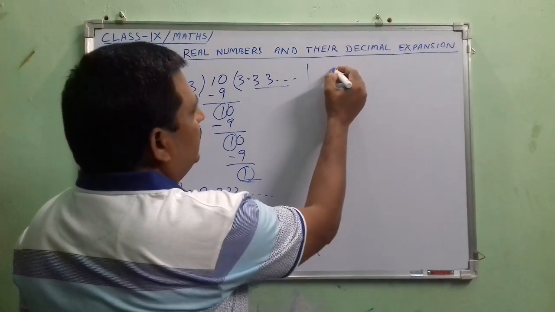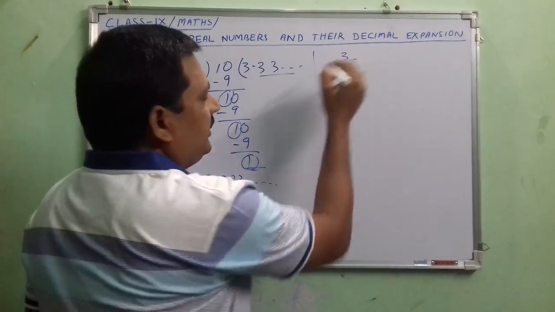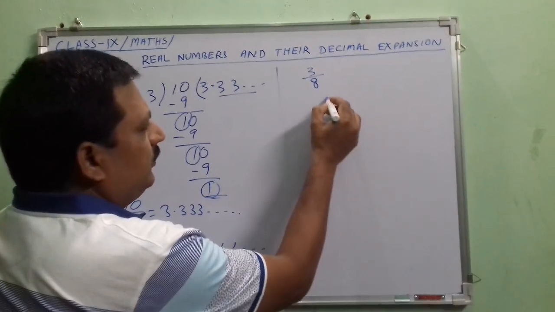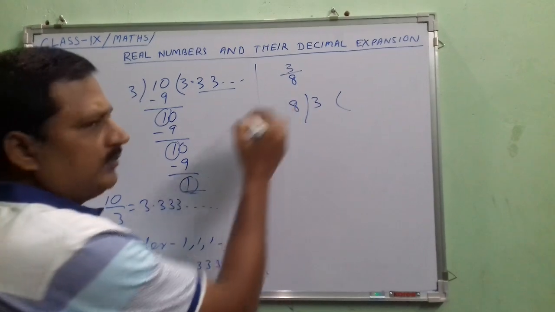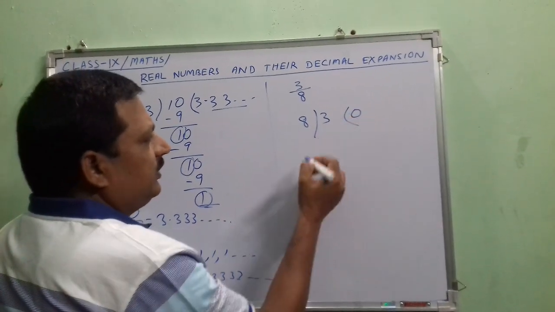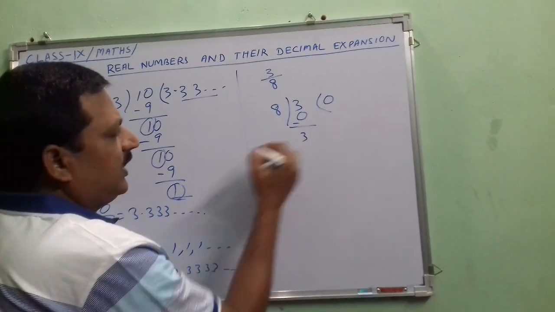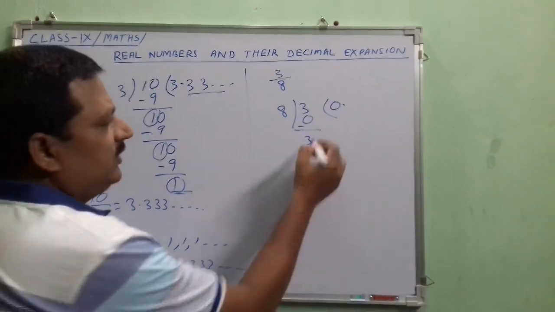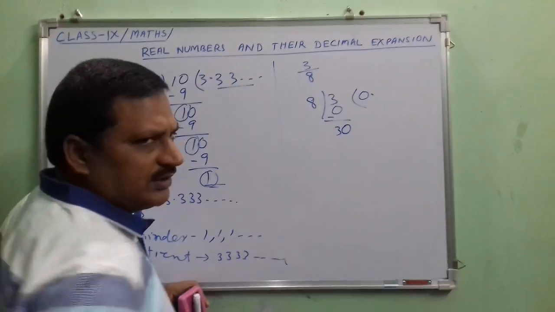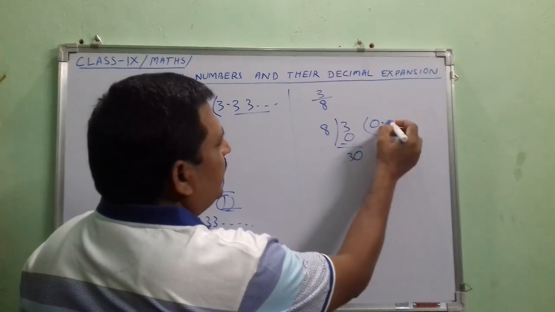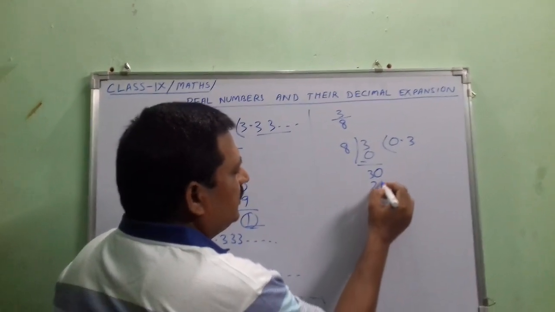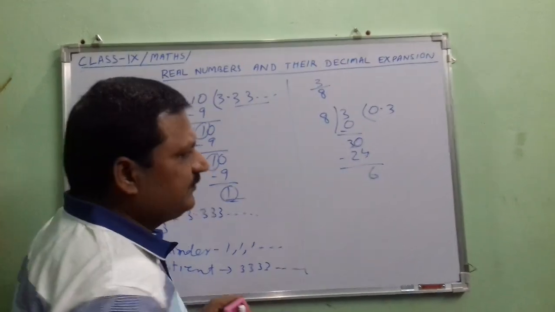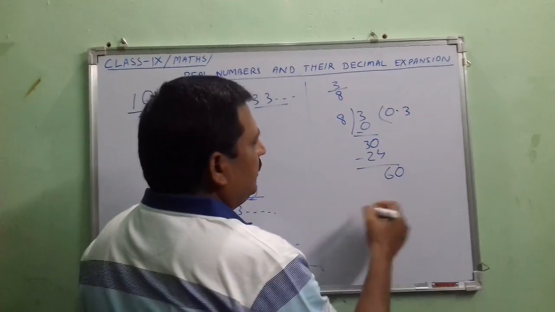Suppose we shall divide 3 by 8. Then we have 3 by 8. So definitely we shall take 0 and we are having remainder 3. So take decimal. Now we shall put 0. So you take 3, you will get 24 and here we have 6. Again take 0.